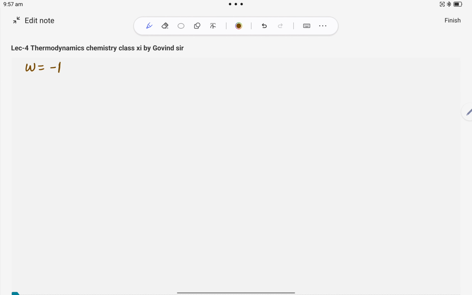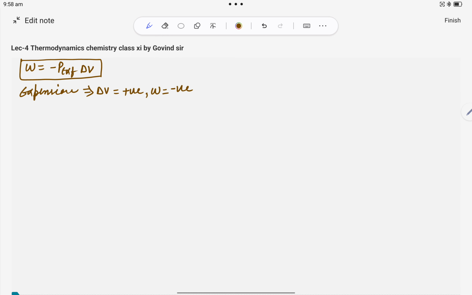W is equal to minus P external delta V. If there is expansion of gas, I told you delta V is positive and work will be negative.